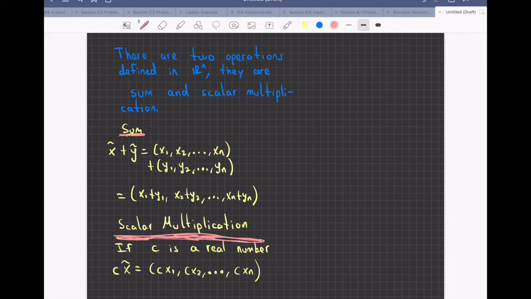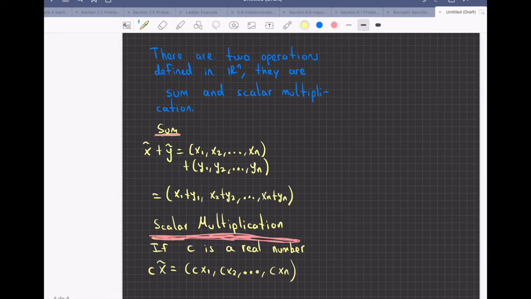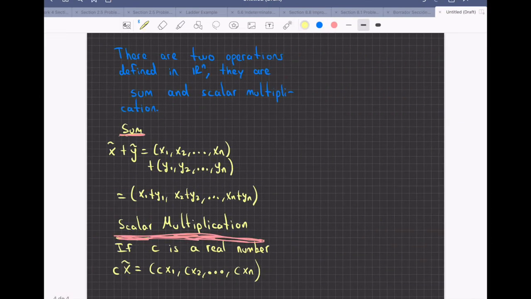But next, these operations satisfy certain properties. First, these are called closure properties.